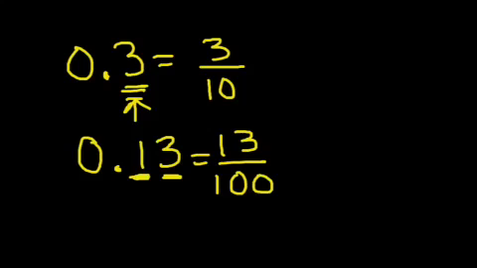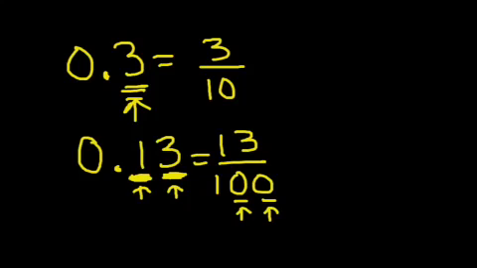Remember that however many places you have here is how many zeros go down here. The tenths place has 1 zero and the hundredths place has 2 zeros. 1, 2, just like that. So the zeros should match up with how many places there are.